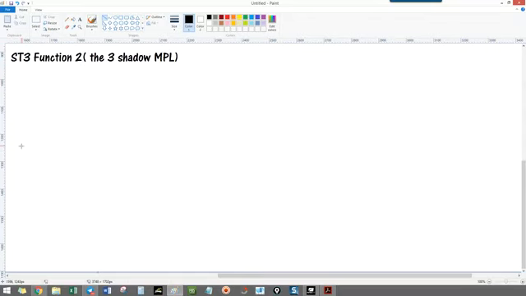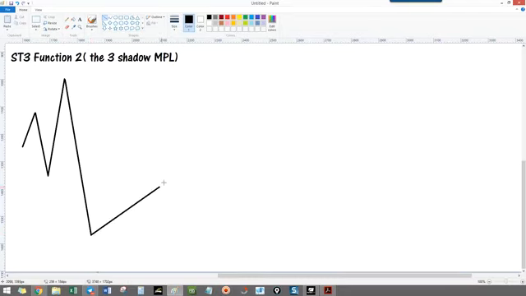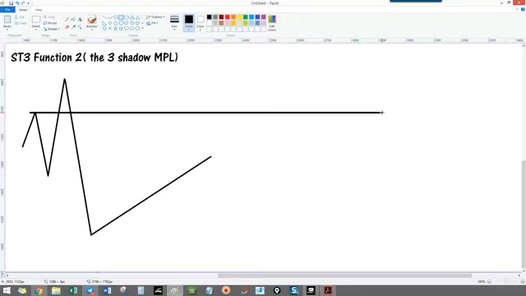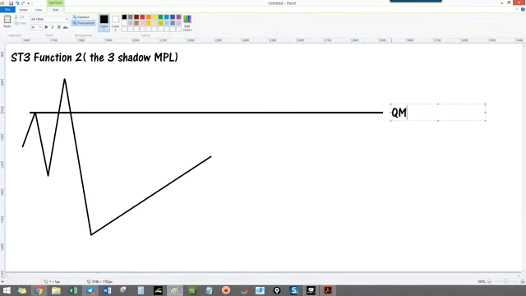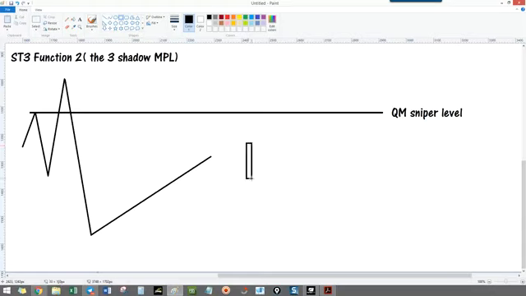For example, you have a QN level. And sniper level. First you do like this. This one leave it trigger.